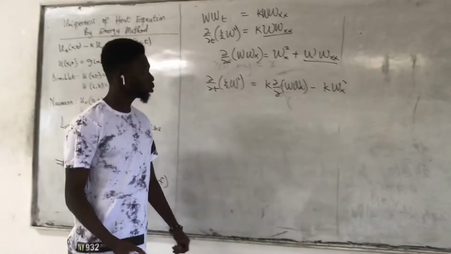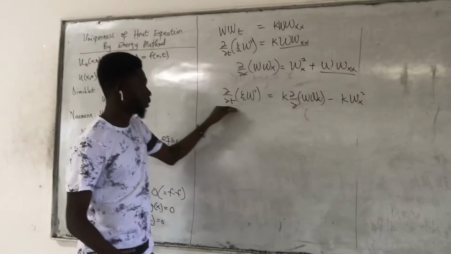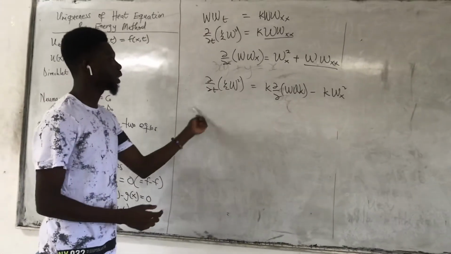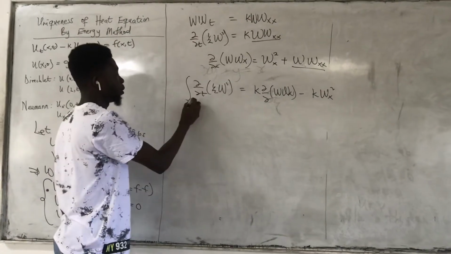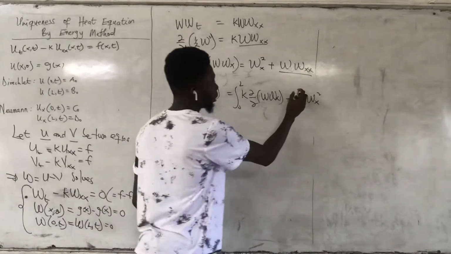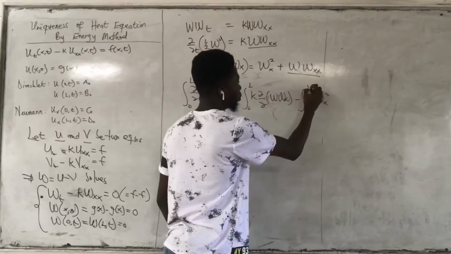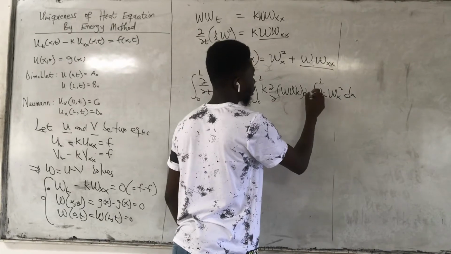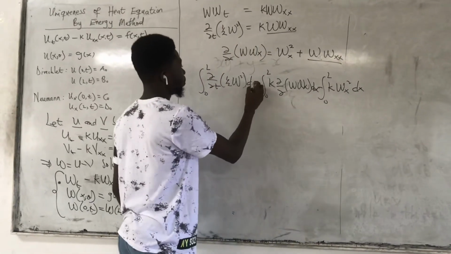So this expression has now been simplified into the expression we have here. Now we find the integral of both sides of the equation from 0 to L, that is the length of the rod from 0 to L, with respect to dx.